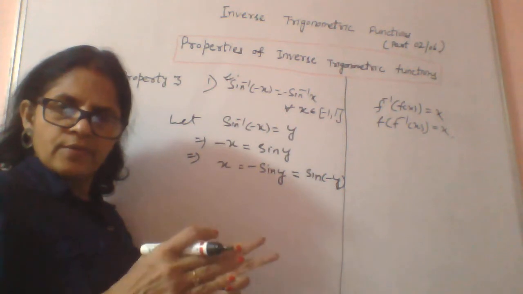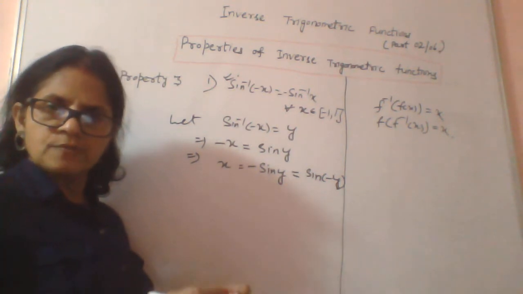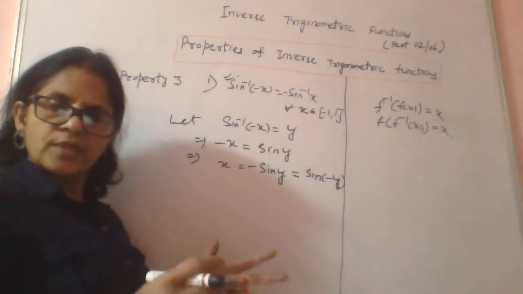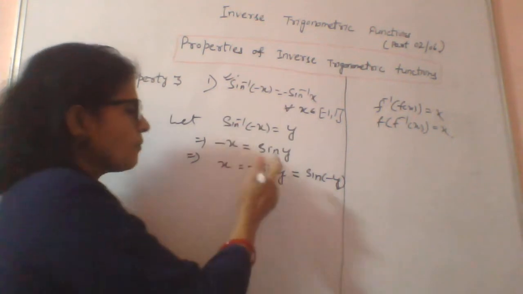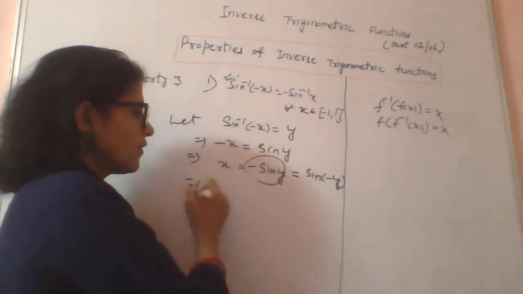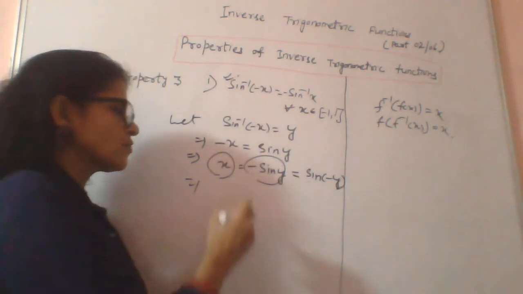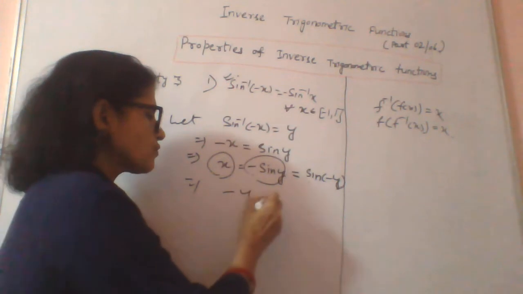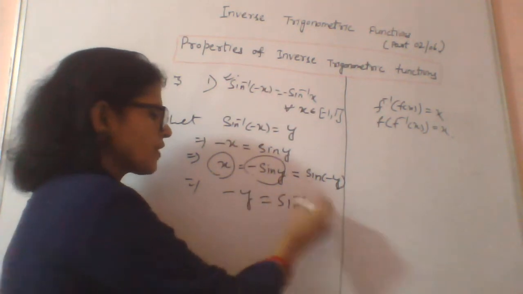But when the domain of sin x is restricted to minus pi by 2 to pi by 2, only then do we have the inverse of that function. That is why minus sin y can be written as sin of minus y. It means we have x equal to sin of minus y. So minus y equal to sin inverse x.